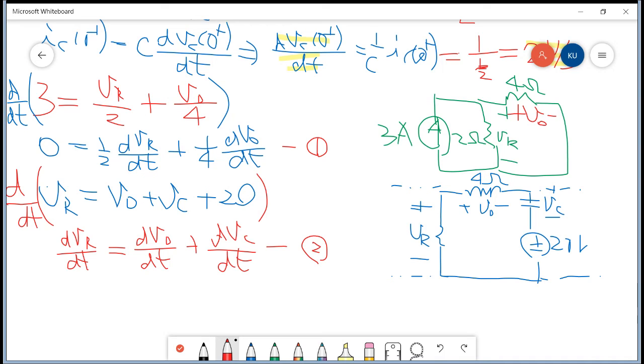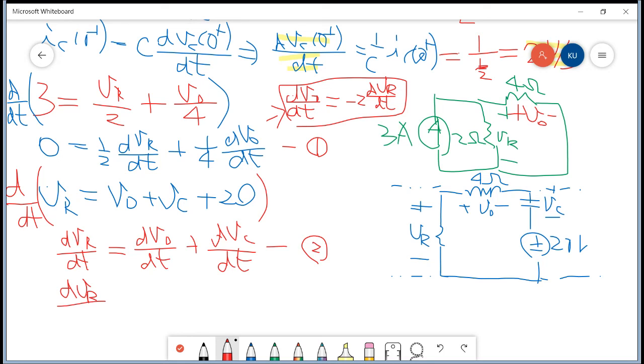We will try to eliminate dVO/dt. In equation 1, you can write that dVO/dt is minus 2 dVR/dt. Then we substitute this into equation 2, so dVR/dt equals minus 2 dVR/dt plus dVC/dt.